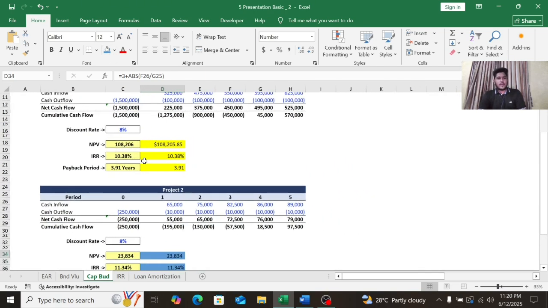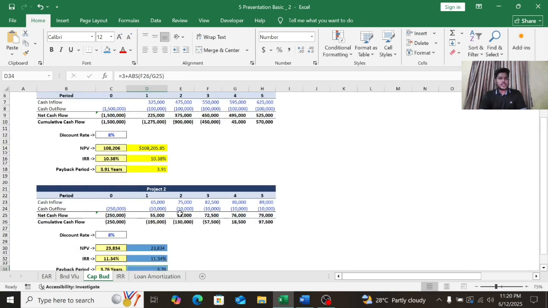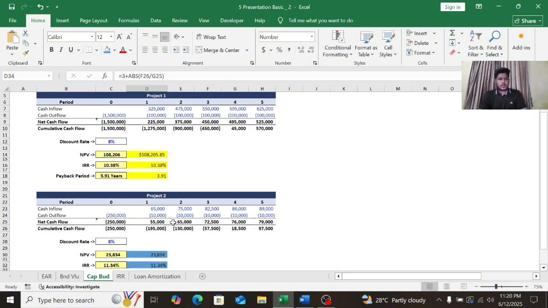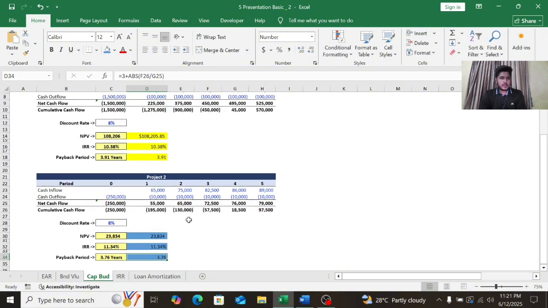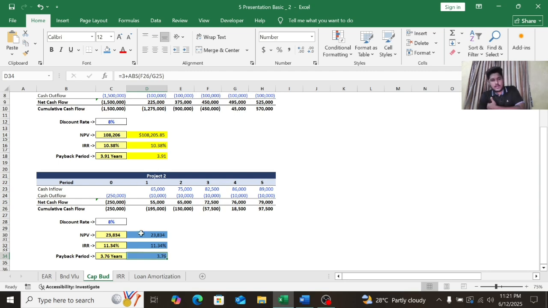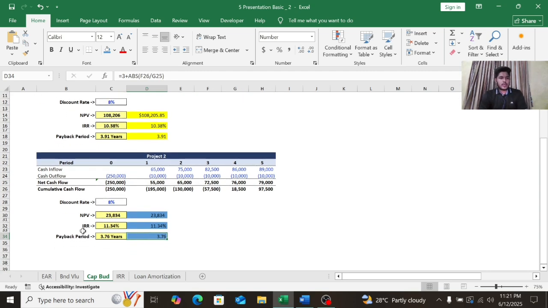So if we want to decide which project to take, our two most important elements are IRR and payback period.